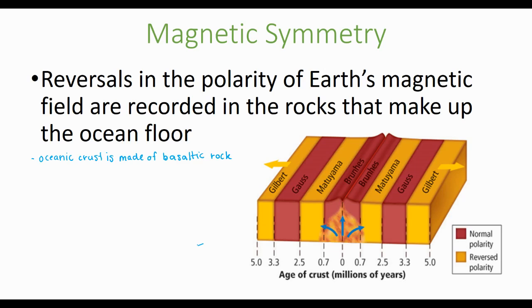Continental crust is made of granite. And this basaltic rock contains a lot of iron, and therefore, that is going to align with the magnetic field as it crystallizes.